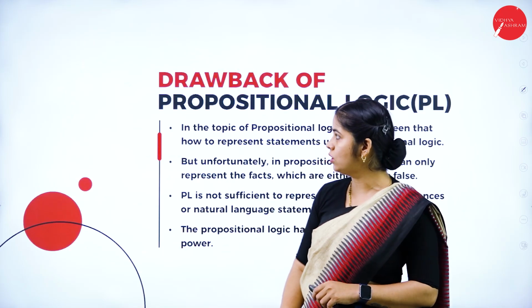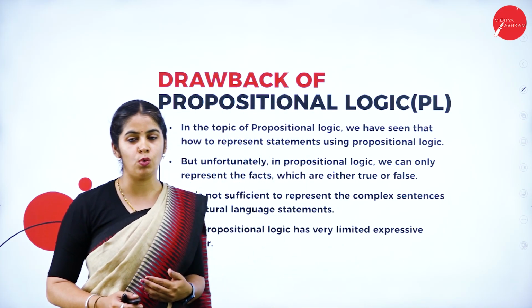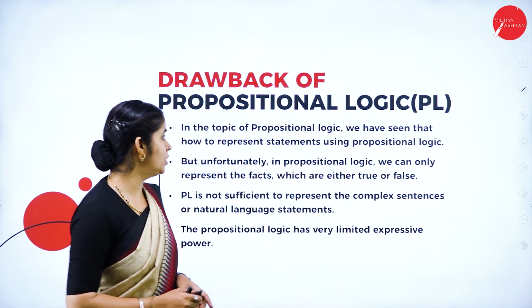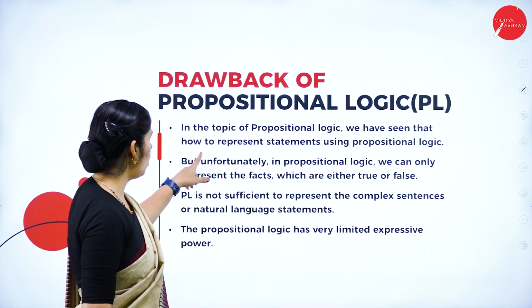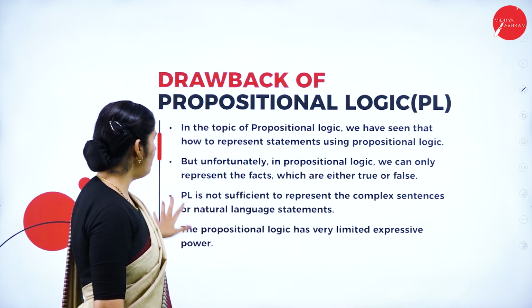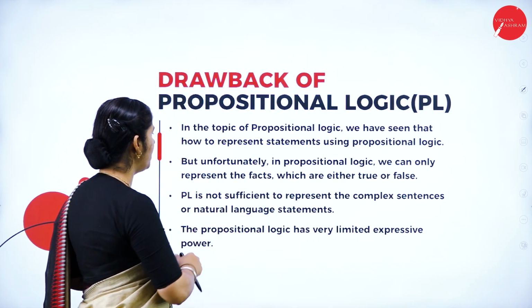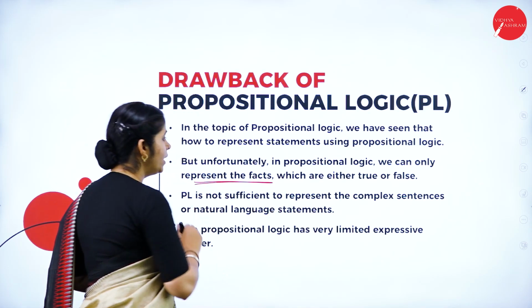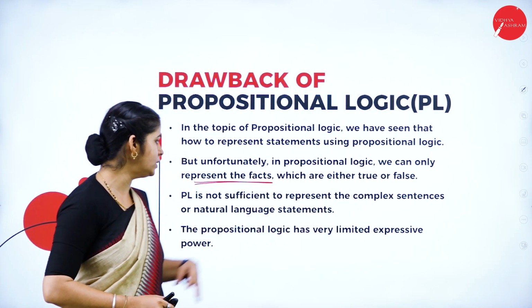Coming back to this, what is the disadvantage we have in propositional logic? In the topic of propositional logic, we have seen how to represent statements using propositional logic, but unfortunately in propositional logic we can only represent facts, which are either true or false.